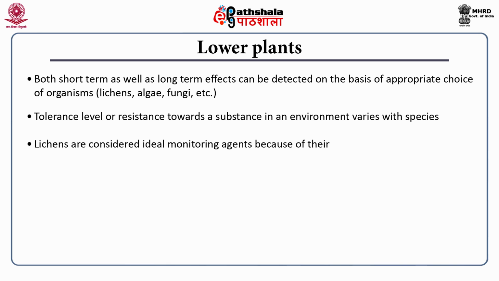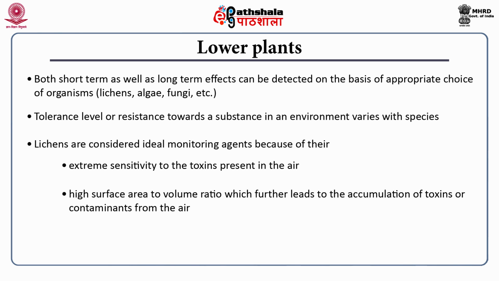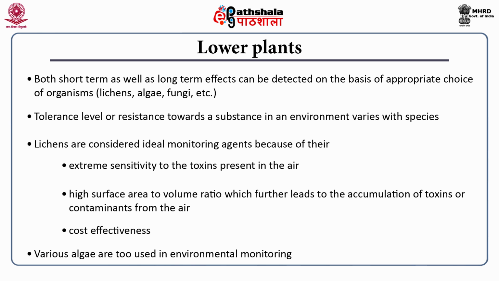Lichens are considered ideal monitoring agents because of their extreme sensitivity to the toxins which are present in the air, high surface area to volume ratio, which further leads to the accumulation of toxins or contaminants from the air, and cost effectiveness. Various algae are also used in environmental monitoring.